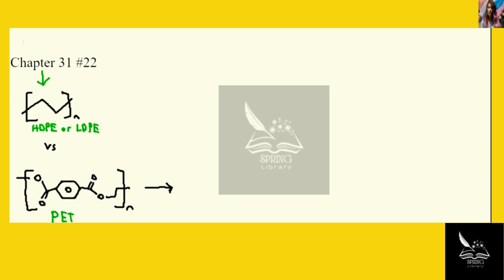So the textbook tells us that if we heat PET in methanol with some acid, and we'll just throw some heat in there, what actually happens is we break this polymer down, and we end up getting ethylene glycol and dimethyl terephthalate back.